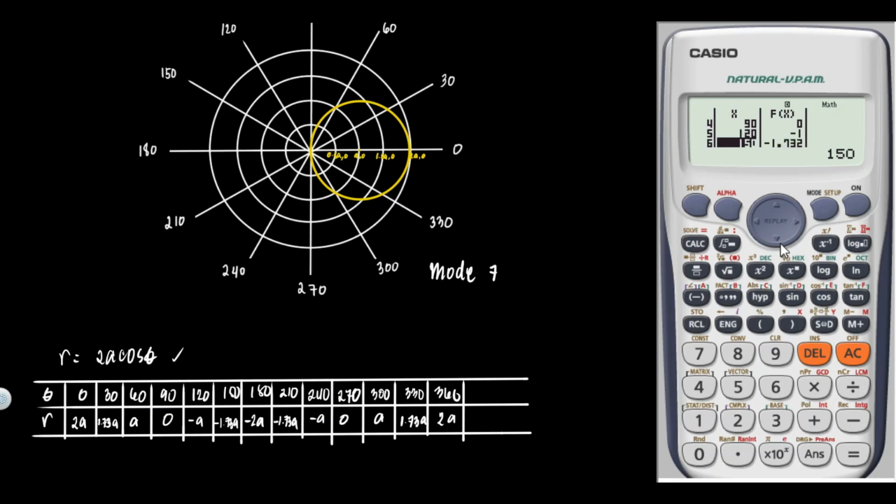Then 150 is negative 1.73a. Double check natin kung tama yung ating computation kanina. 270, 0. 300 is 1 or a. 1.732 positive. Then 2a. Nice, so tama. Mode 7 yung ginamit.